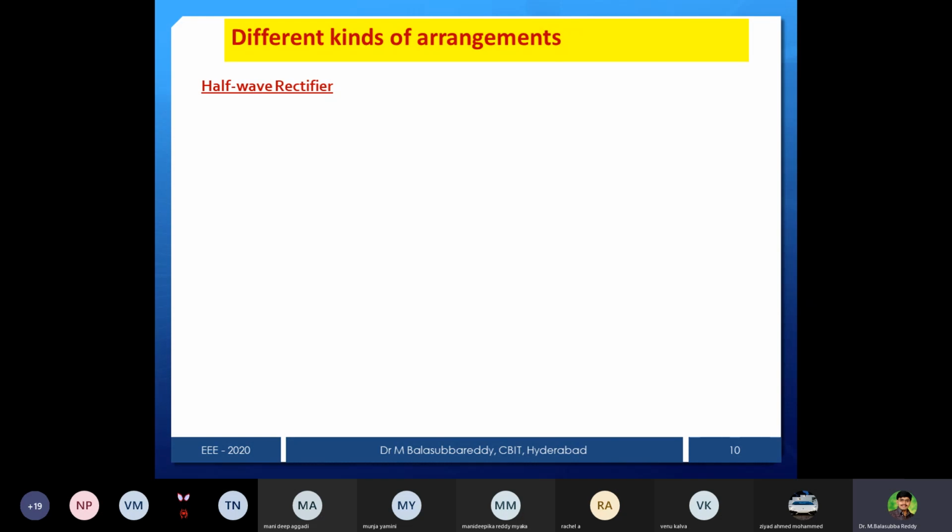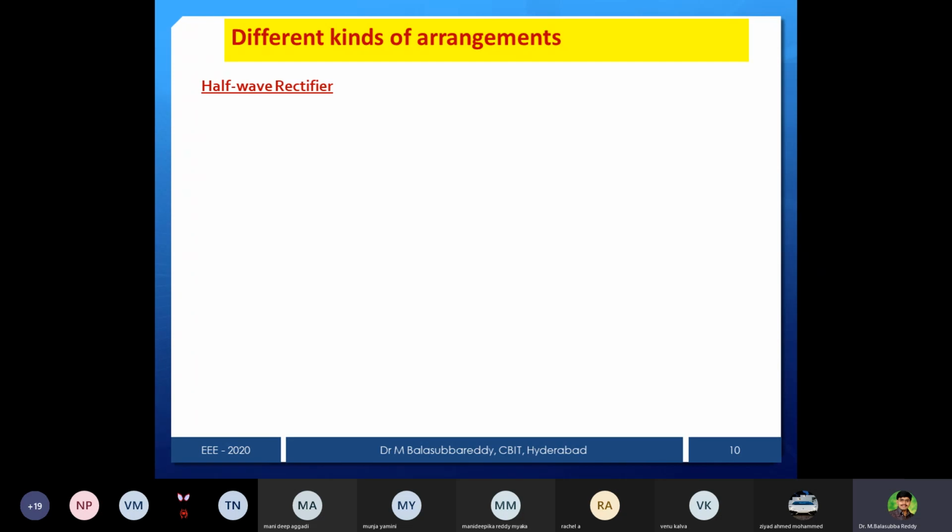And then what is the impact of the pulse number? Once your pulse number increases, automatically there is an effect on the output voltage. This is also one important point. That is the reason we go to a higher pulse number rather than the previous one.